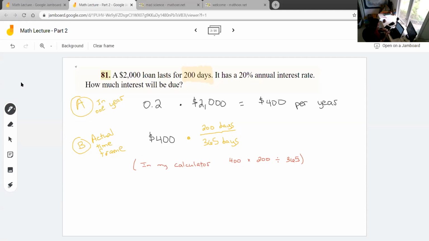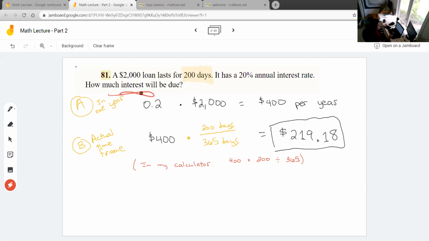So what is that? 400 times 200 divided by 365 gives me $219.18. That's all this problem asked. How much interest will be due?